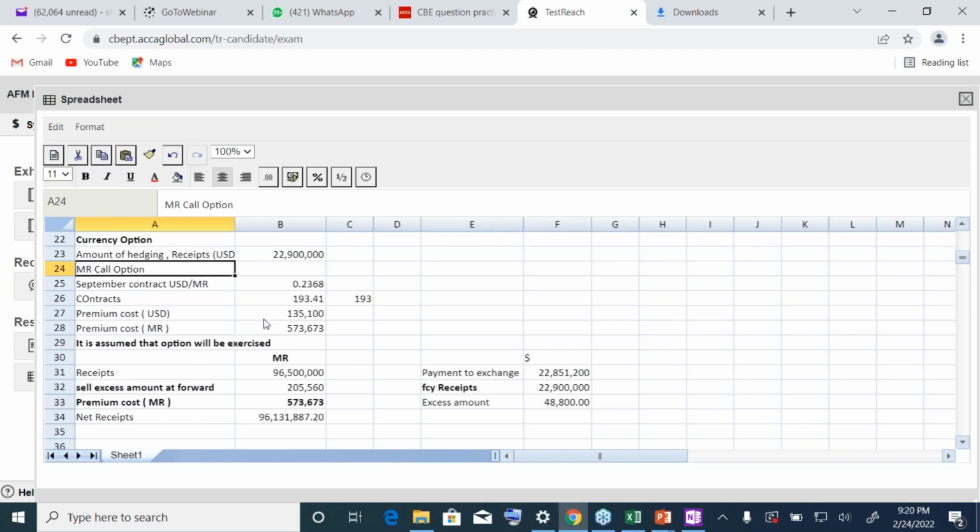MR call means you will receive MR. 193 into 500,000, you will receive 96.5 million MR. In order to receive MR, you have to pay the other currency at the strike rate. If you are paying 22.85 million, how much are you receiving? 22.9 million.